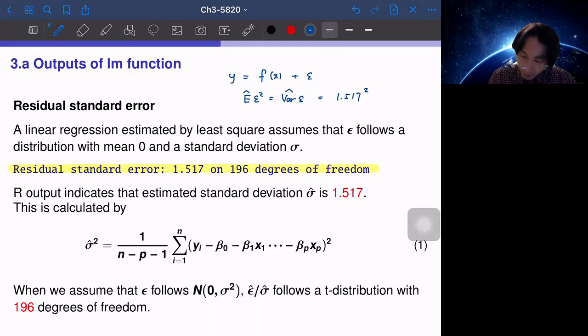So if we take square, the 1.517 square. So if we take square root, then that is the standard deviation. So if epsilon is normal 0 sigma square, then the sigma hat is 1.517. So that is a kind of error size.